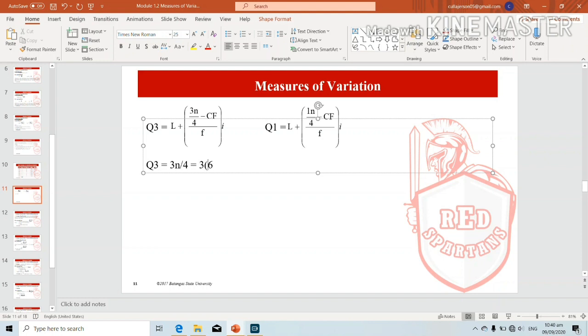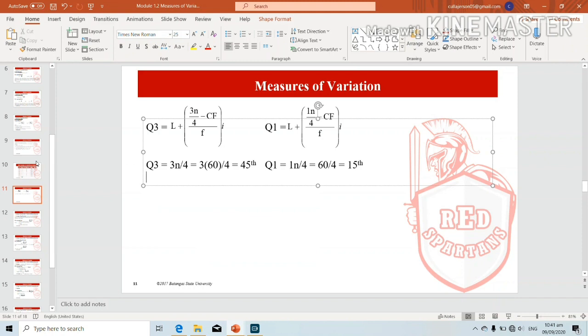So, 3 times 60 over 4 equal to 180 over 4 equal to 45th. Then for Q1 equals 1n over 4 equals 60 over 4 equal to 15.